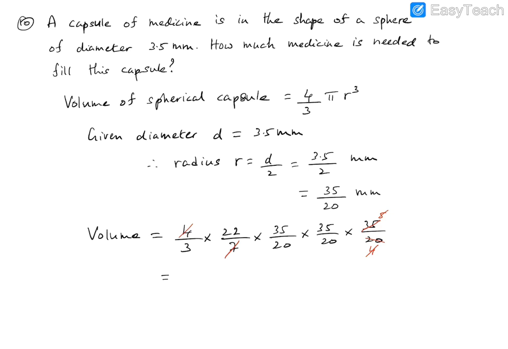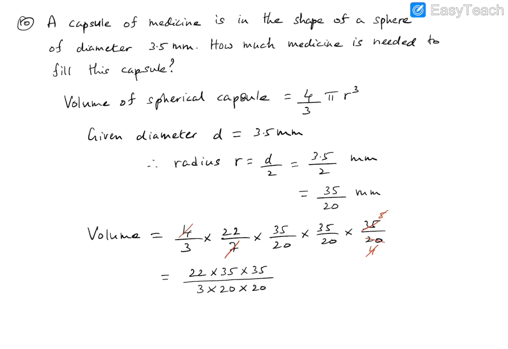So what is remaining here is 22 into 35 into 35 divided by 3 into 20 into 20.